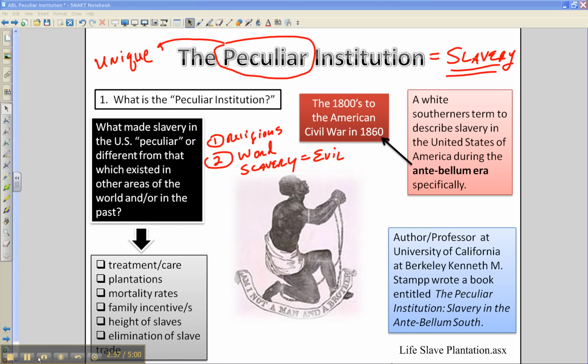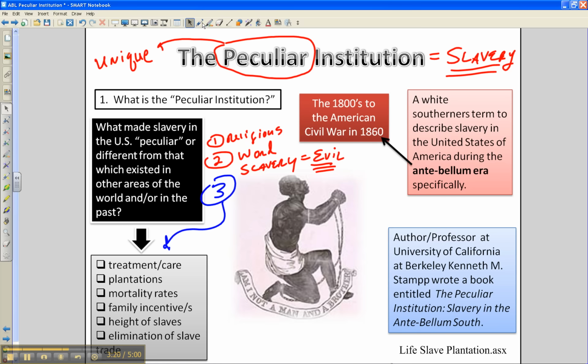Also, the other reason is that the word slavery quite simply references everything that's bad, evil. And so Southerners didn't want that to relate to what they're doing down there. And number three relates to all of these reasons that slavery down in the South was relatively unique.